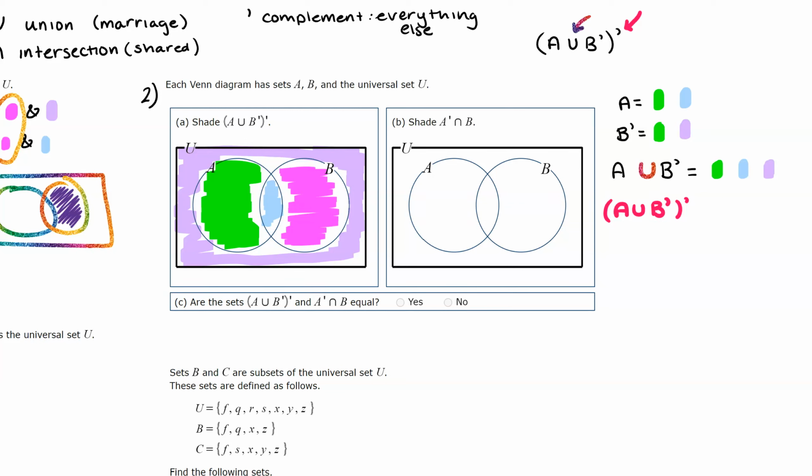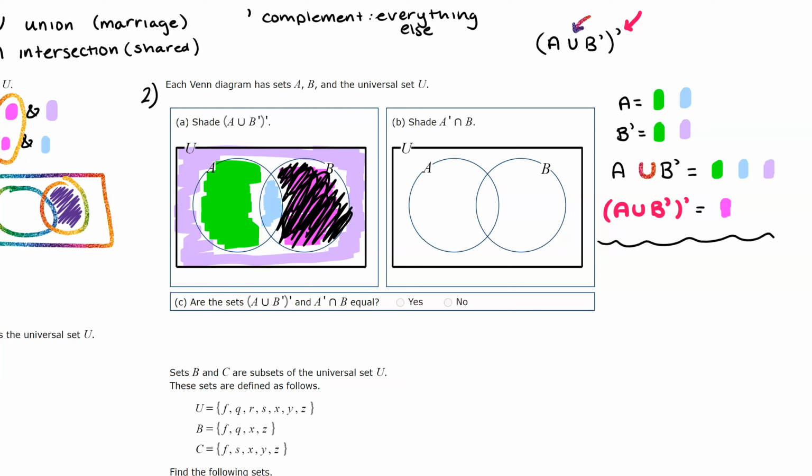The only room that was not in that original set was the pink room. So again, you're going to actually shade these in, and you would only shade this room here. This room is your answer for A union B complement, complement.